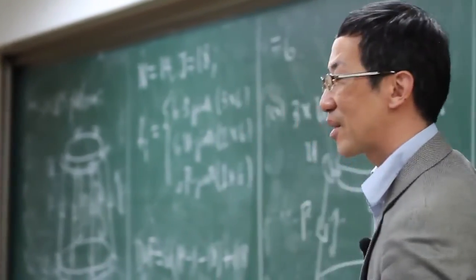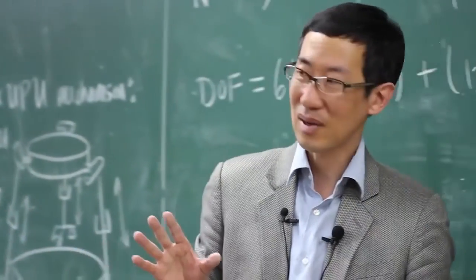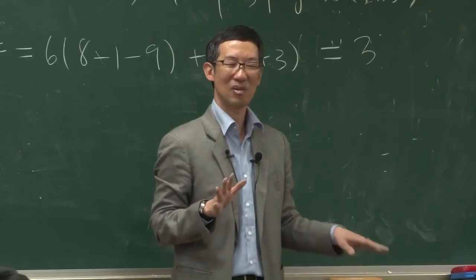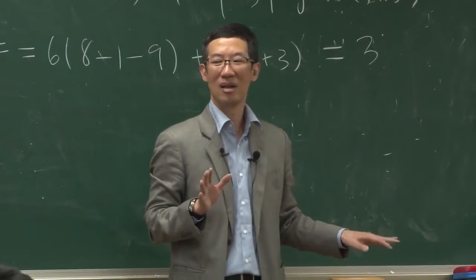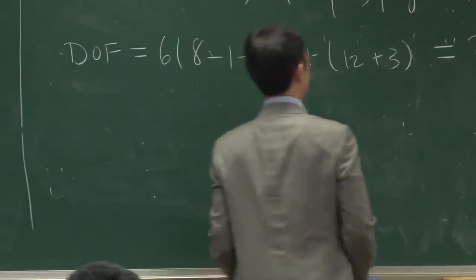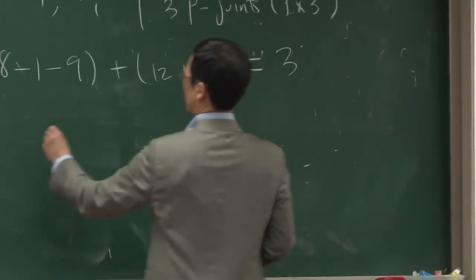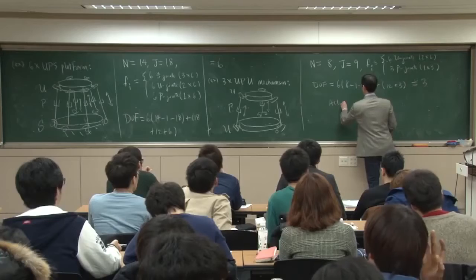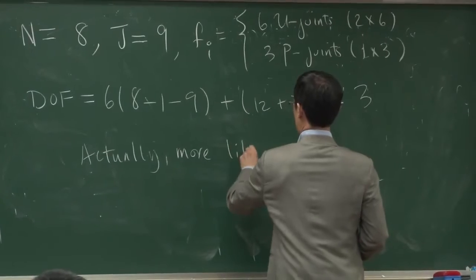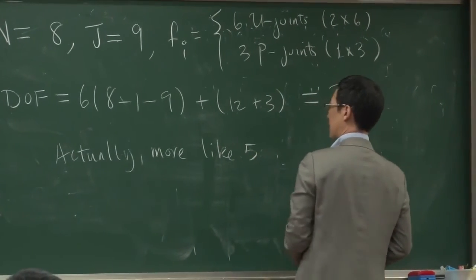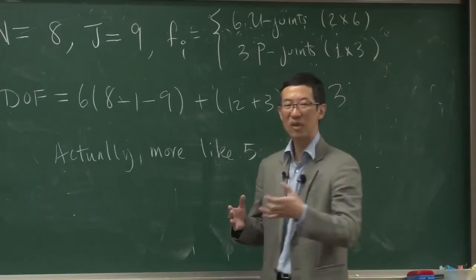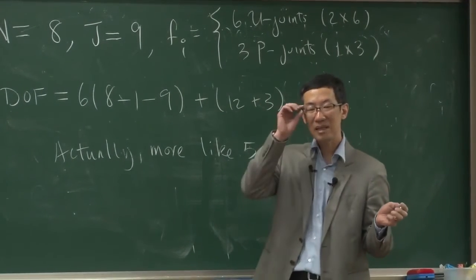Now you saw for the planar case, it's kind of a special case, but for this, there's some strange things going on here, and Grubler's formula just does not work. Actually, it's more like 5. And this is kind of an open question, why this is.